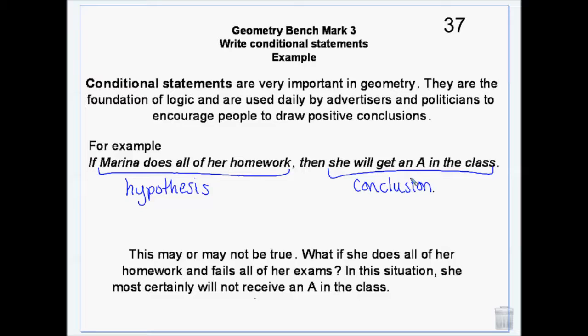It's still not a true conclusion, so that would be a counterexample. So here, she fails her test, and so this is one counterexample. She got a B in the class would be another counterexample. She got a C in the class. She got a D in the class. There's a bunch of counterexamples. So this is not going to be a true statement.